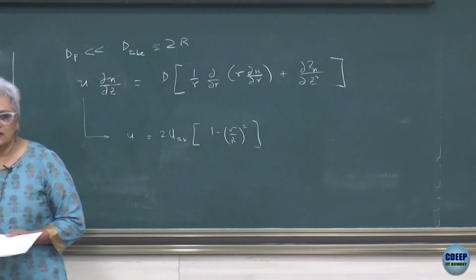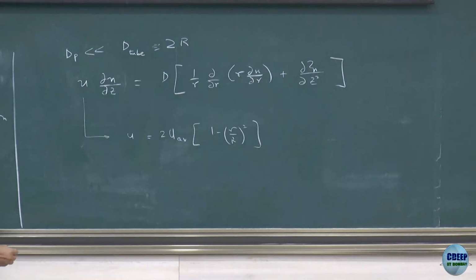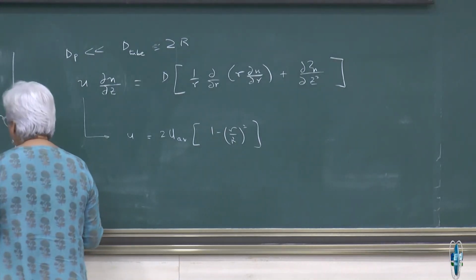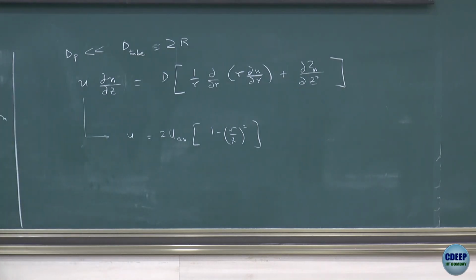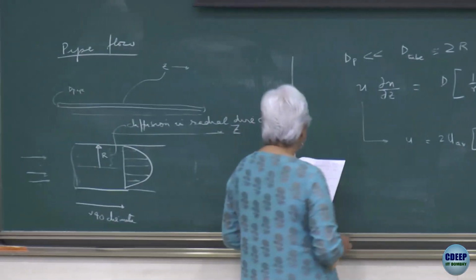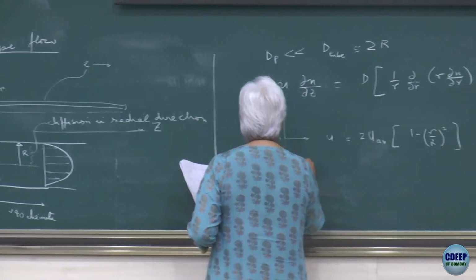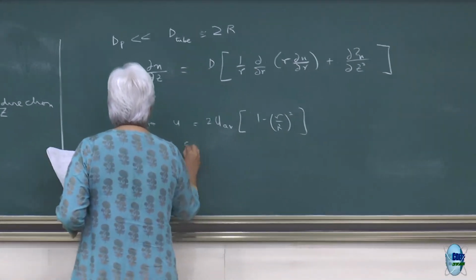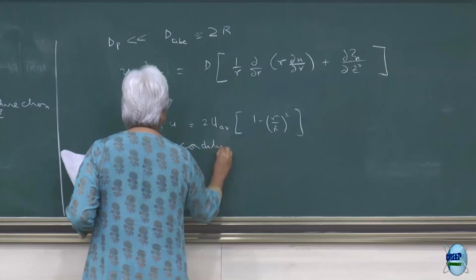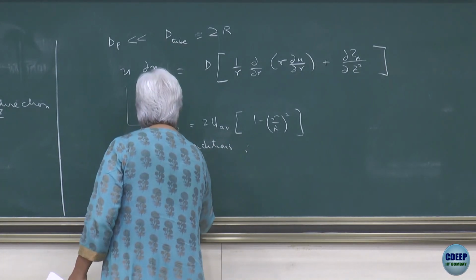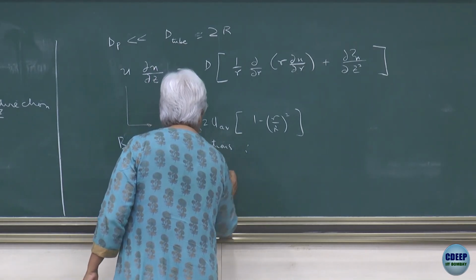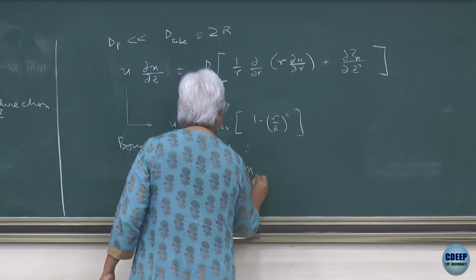Our boundary conditions here are that the particle concentration is really constant across the tube inlet. That is the way we conceptualize it. So, the boundary conditions: at z equal to 0, we have n equal to some initial concentration.